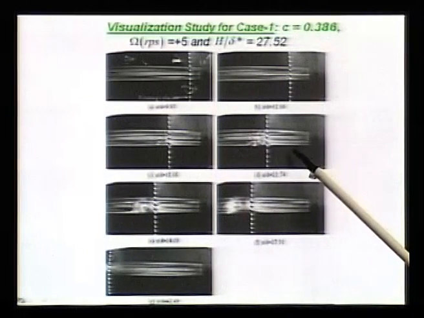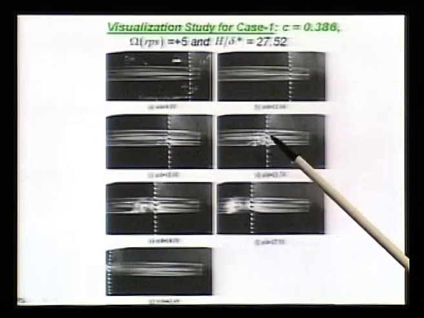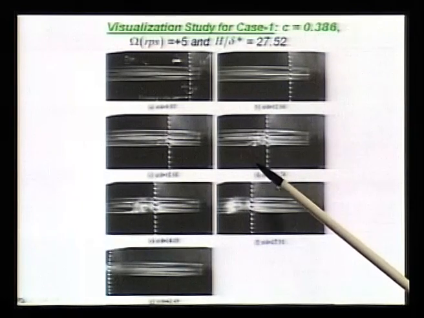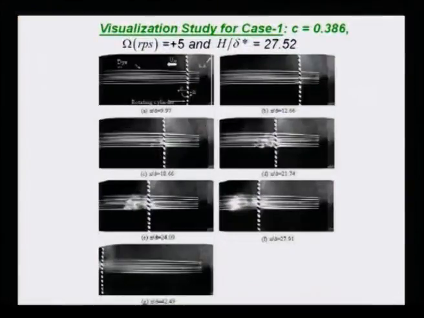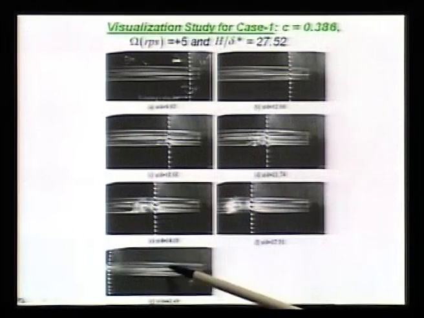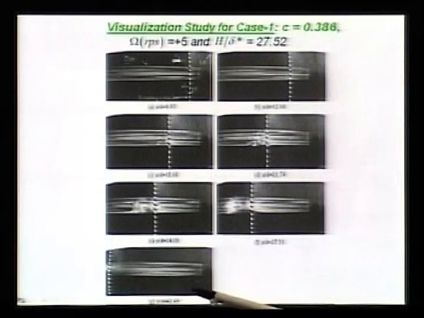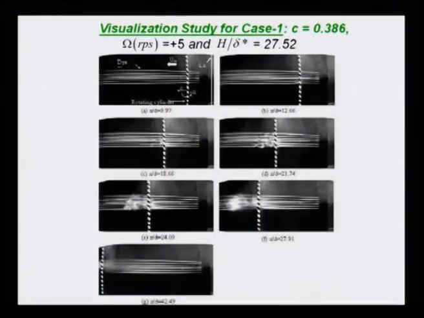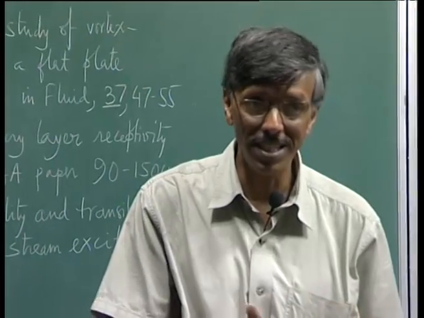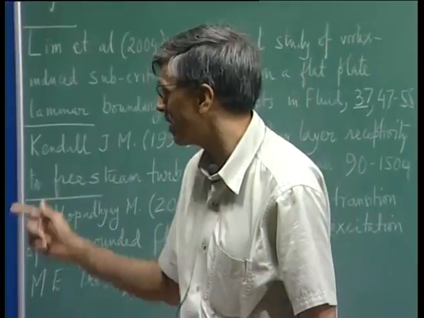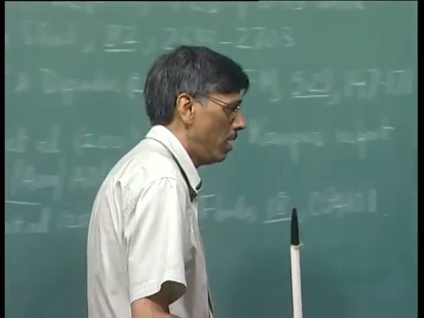And you can also see a very interesting thing: ahead of the cylinder the dye streak meanders, but behind it, it stabilizes and becomes smooth and nice again, and when the vortex is completely removed, you get back your undisturbed flow. So, it is not only the undisturbed flow, but because of the favorable pressure gradient, it actually stabilizes the flow, and that is precisely the expression that we noted from that pressure gradient versus x plot.